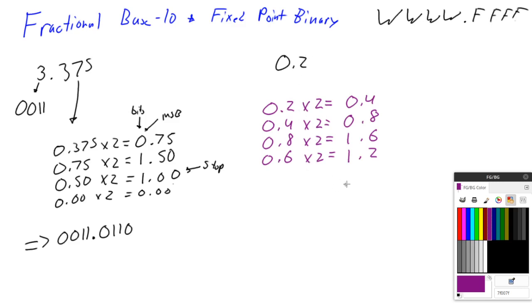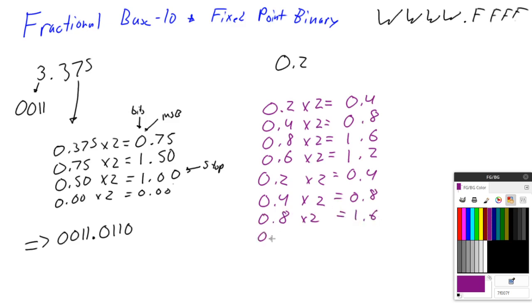Because watch what happens. The next step here is going to be 0.2 times 2, right? And so that's going to be 0.4. And what we've got here is a repeating sequence, right? Because now we've got 0.8, and then 0.8 times 2 is 1.6, and then 0.6 times 2 equals 1.2.